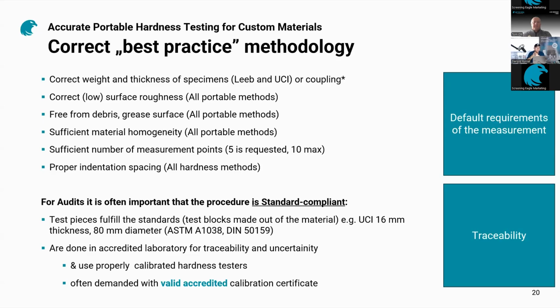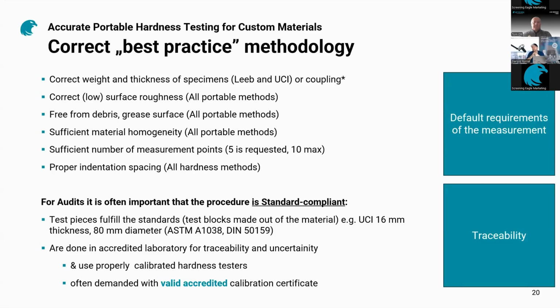For example, the test pieces should typically fulfill the requirements of the method. If you choose LEAP, the ideal case would be to generate a material at least the size of the test block, so we prevent vibrations. A second thing, for UCI, typically 16 millimeters and 80 millimeters in diameter, those are standard compliant test blocks.